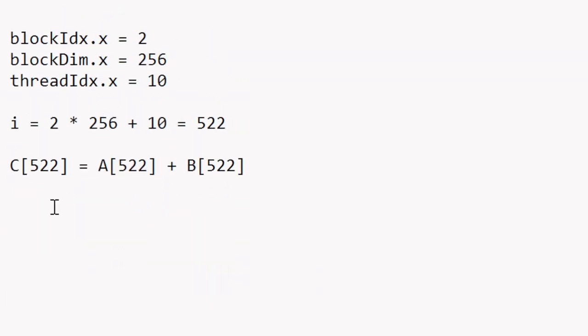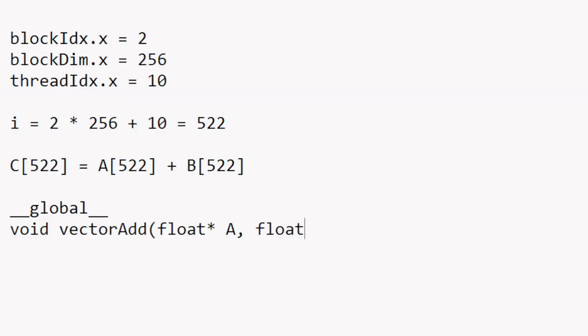So, __global__ keyword, add, the vector of floating point numbers, vector A, B, C, and n, the number of elements in the vector.